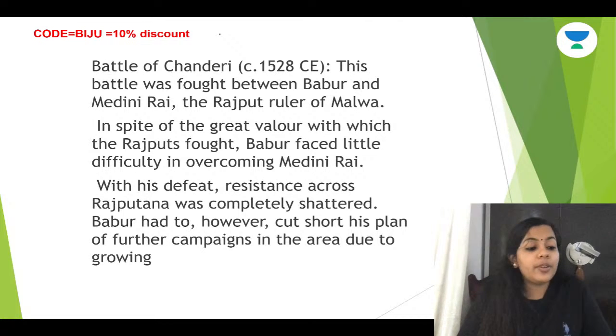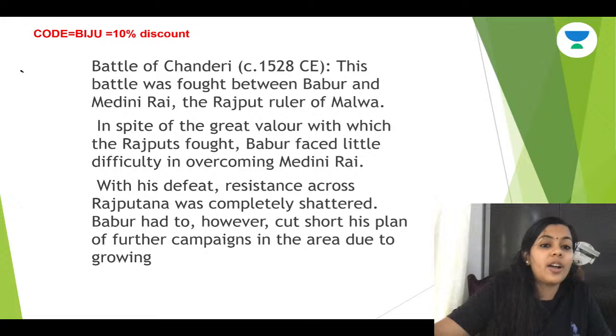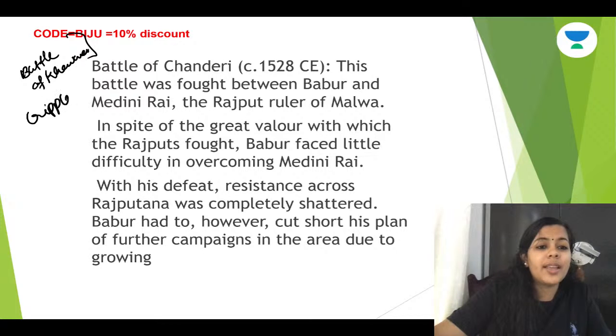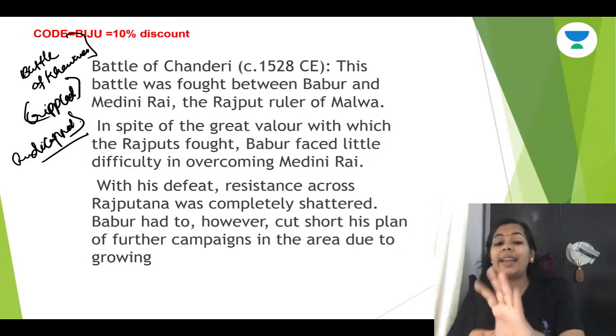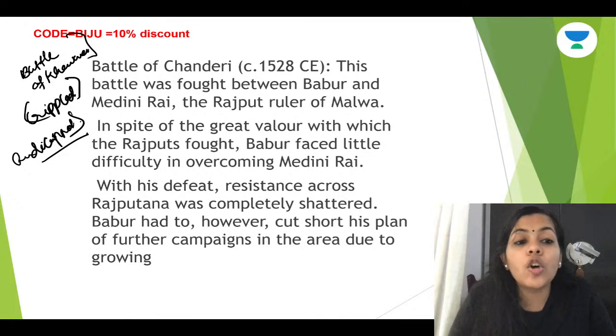See, after the Battle of Kanwa, what happened? The Rajput power was crippled. Means they were handicapped. After the Battle of Kanwa the Rajputs became handicapped, but they did not lose the war.